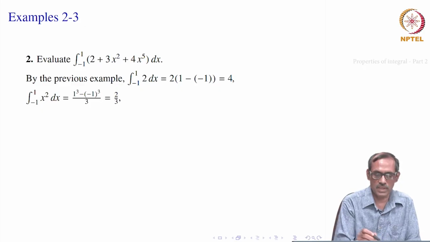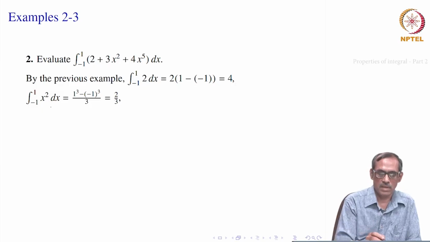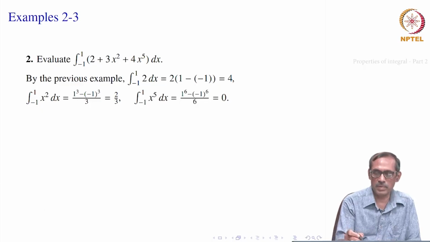Now, we go slowly for the other one, the integral from minus 1 to 1 of x square, because x square is involved. So, that is equal to b to the power m plus 1, which is 1 to the power 3 minus a to the power again 3, divided by 3. So, that gives 2 by 3. And similarly, if you take x to the power 5, that gives power 6. So, 1 to the power 6 minus 1 to the power 6 by 6, and that turns out to be 0.